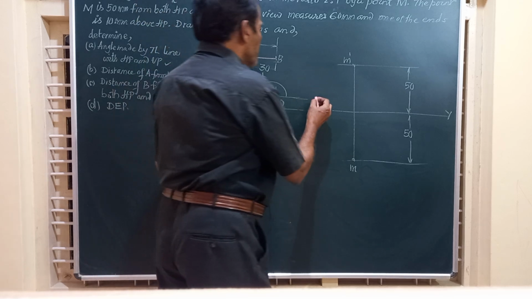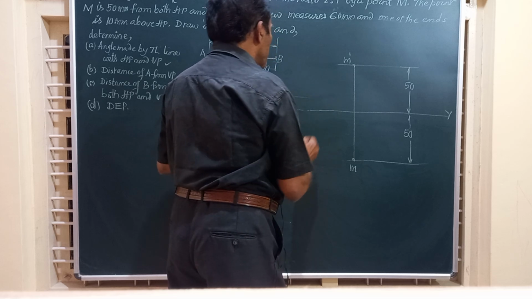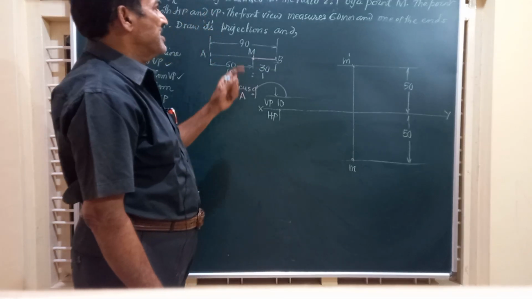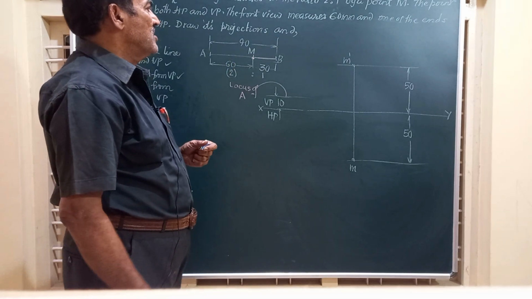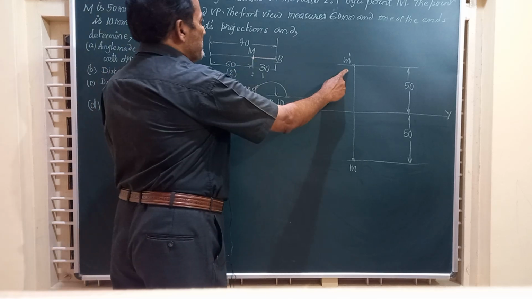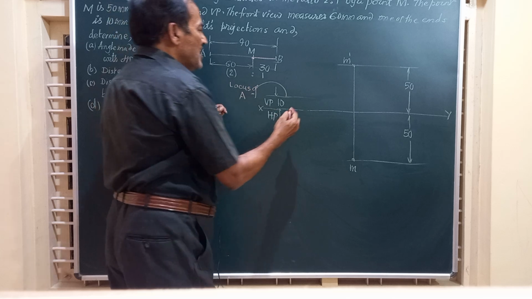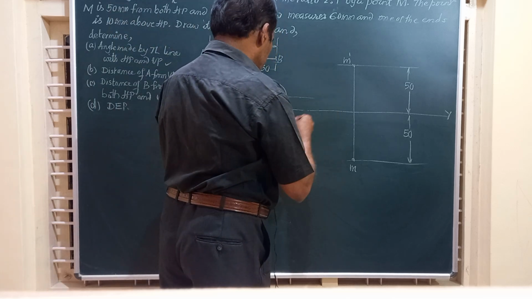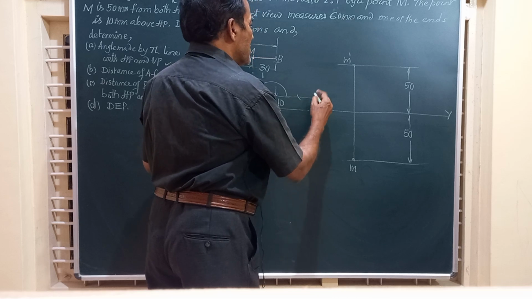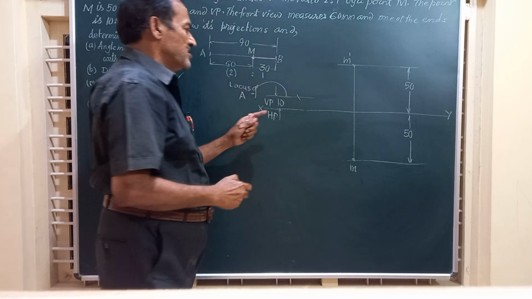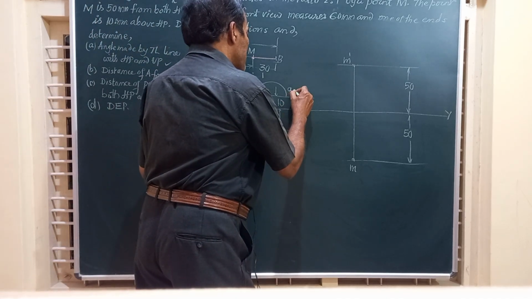Now friends, they have not given us the important parameters like the inclination, etc. What can be done now, friends? You have this point m dash, you have the true length here, that is 60. I will take m dash as center and radius equal to 50 millimeter. I am going to draw an arc to cut the locus of A at point A1 dash.